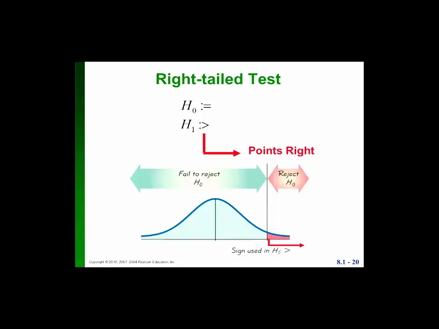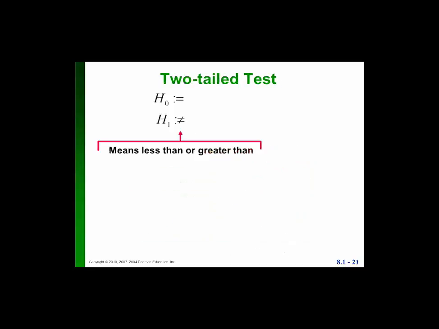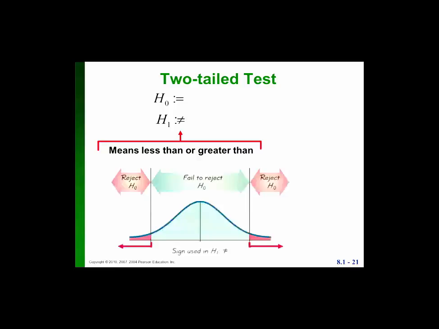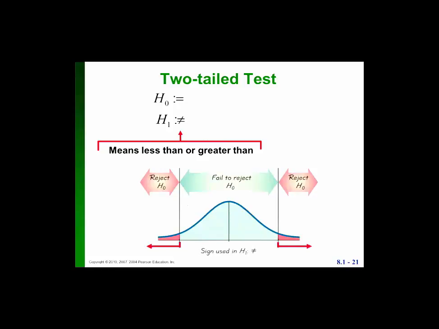If the alternative hypothesis says something is not equal to, that means less than or greater than, that's when you know you have a two-tail test, and we will reject the null hypothesis if our test statistic is way out there in the left end or way out there in the right end.